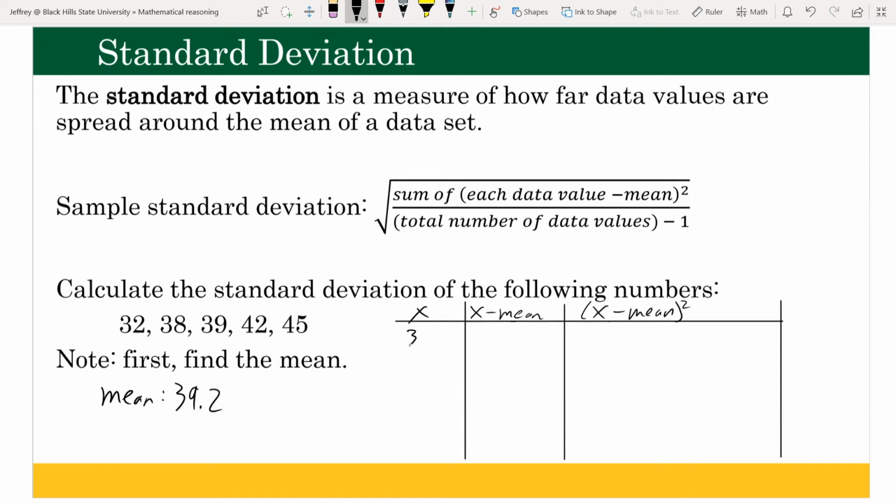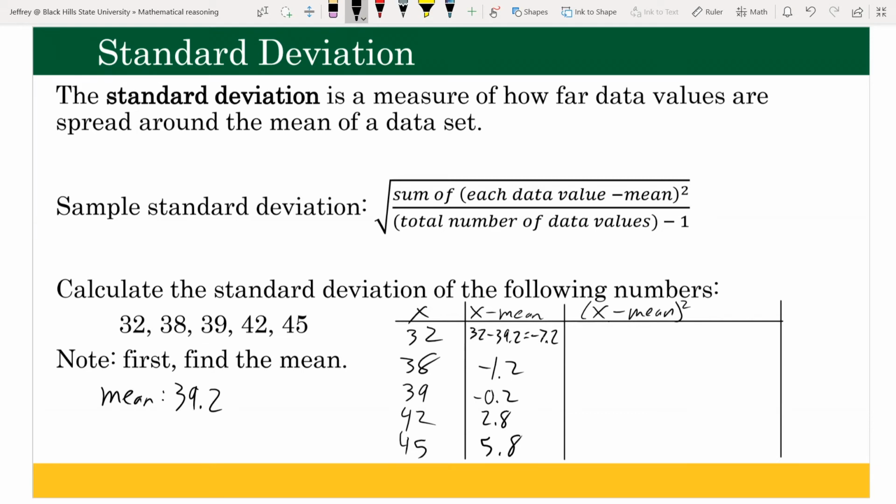So our x values are 32, 38, 39, 42, and 45. For the first example, x minus the mean would be 32 minus 39.2, and we end up with negative 7.2. Following this pattern, we end up with negative 1.2, negative 0.2, 2.8, and 5.8.